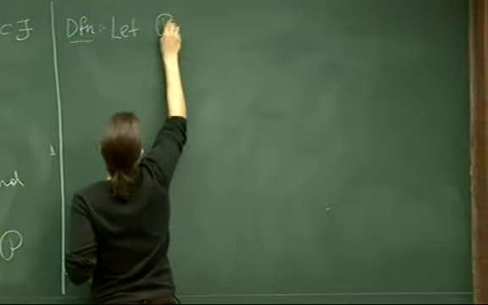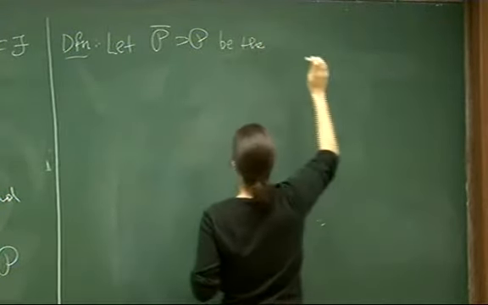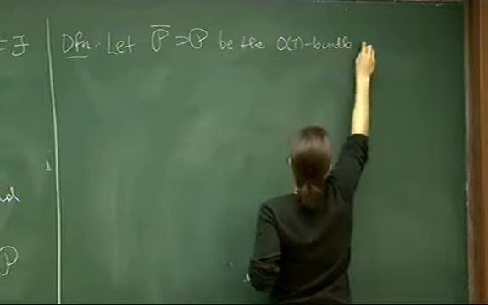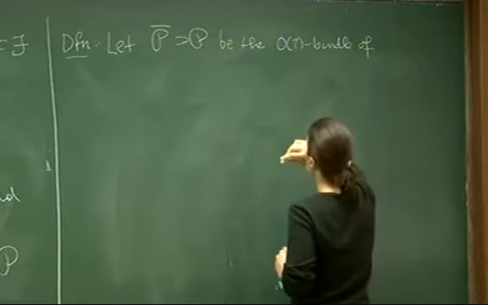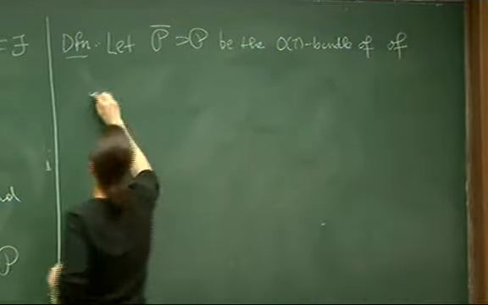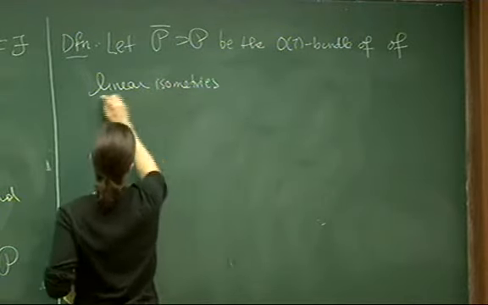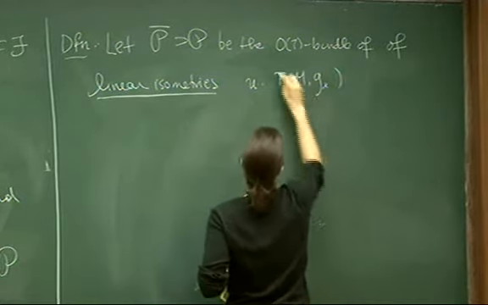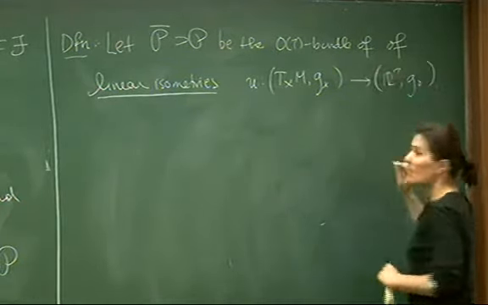So let's say let P bar, which will contain P, be the O(7) bundle of linear isometries. Not just isomorphisms, but isometries u from T_xM, g_x into R^7, g_0.